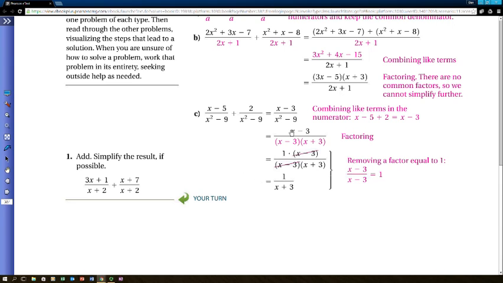The definition of a fraction in simplest form is that the greatest common factor, or the factors common between the numerator and denominator, can only be as big as 1. And in this case, 1 is a factor of 1, right? And what are the factors of x plus 3? Well, it'd be 1 and this quantity x plus 3.